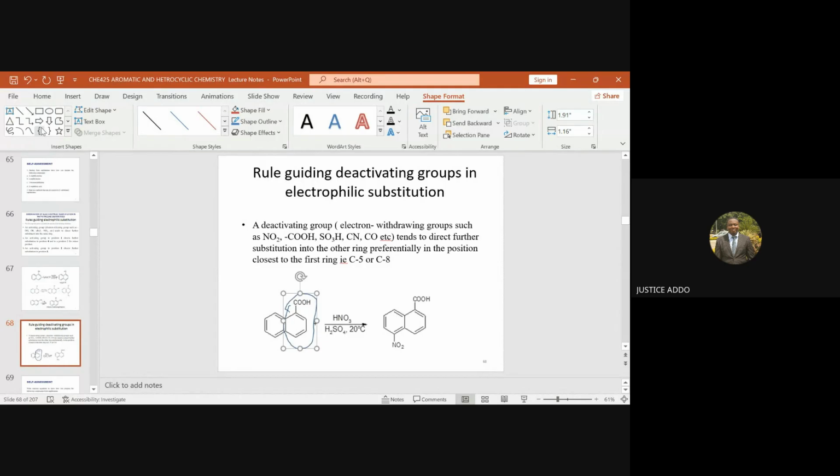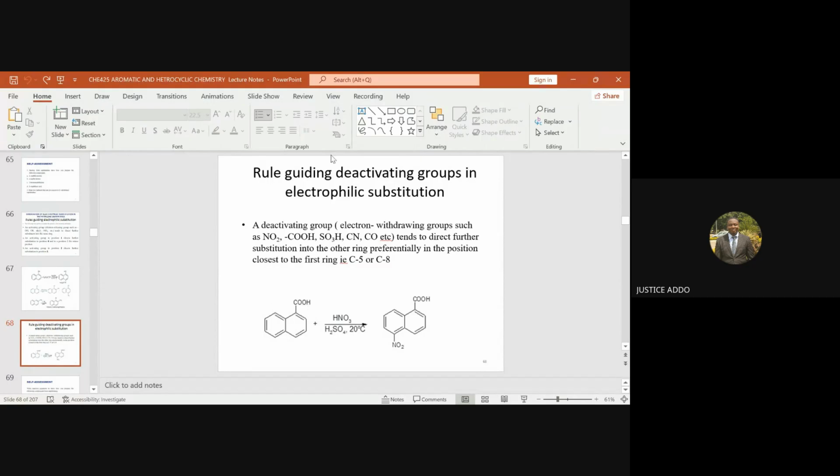You realize that it is this carbon and then this carbon. And if you count from one here, 1, 2, 3, 4, 5, carbon 5, 6, 7, 8, and carbon 8. So the incoming group can go to carbon 5 or carbon 8.